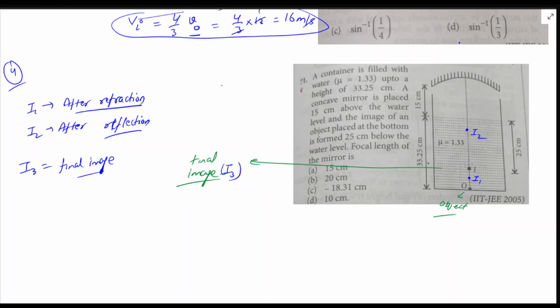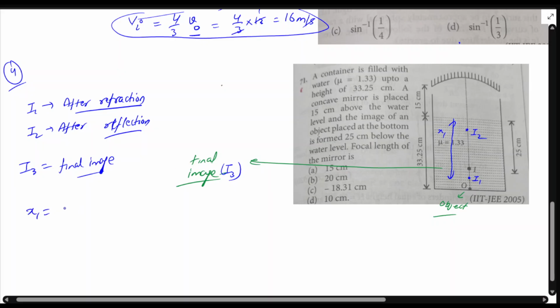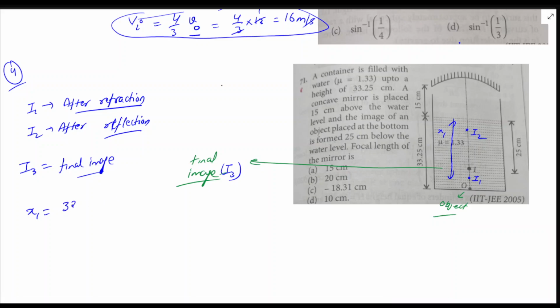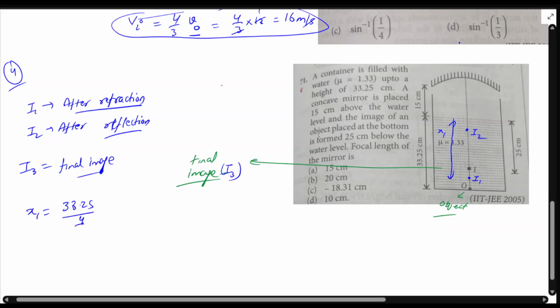Now look, the object is here, and after refraction the image will form here. So we can find this I1. Let's say this distance is our x1. So x1 will be simple. It will be the object distance, which is 33.25 divided by 4 by 3, right?